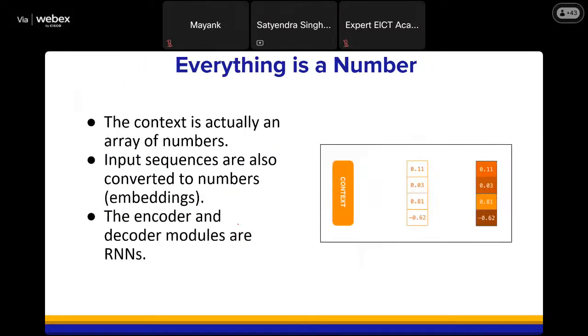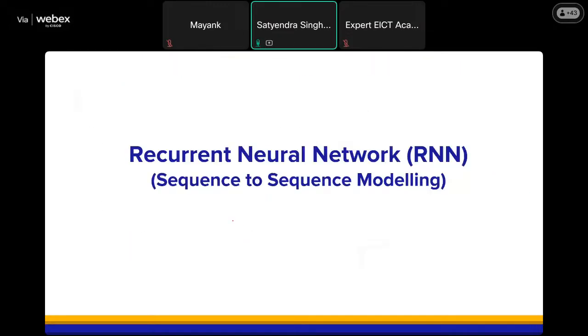Before coming to that, what are those neural network based architectures? There is a specific type of architecture called recurrent neural network, for sequence to sequence modeling tasks.